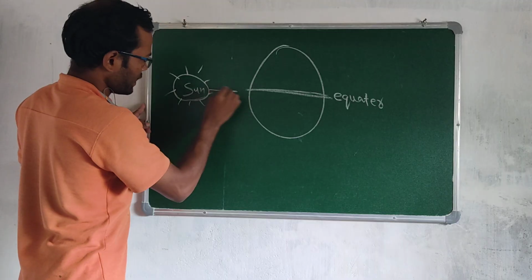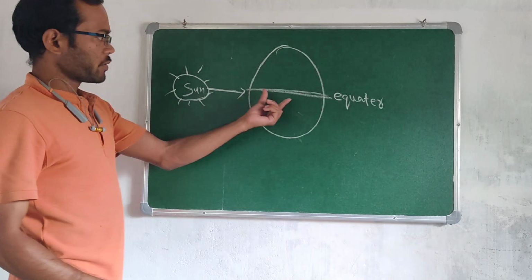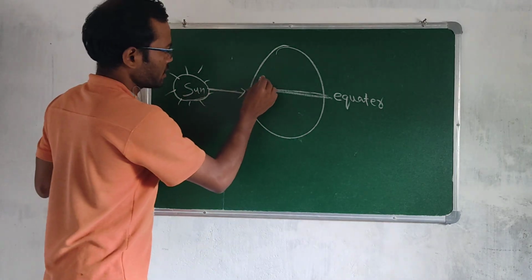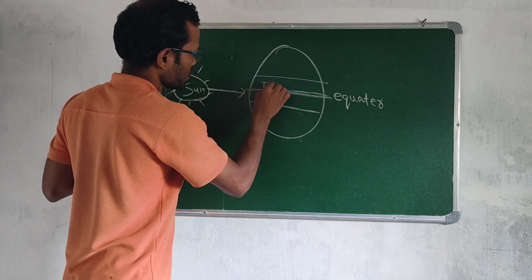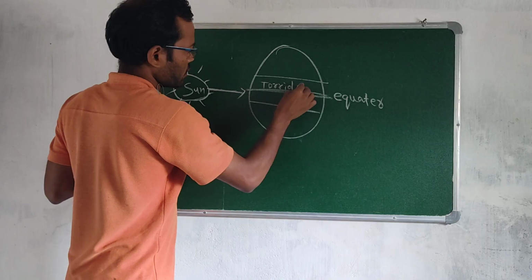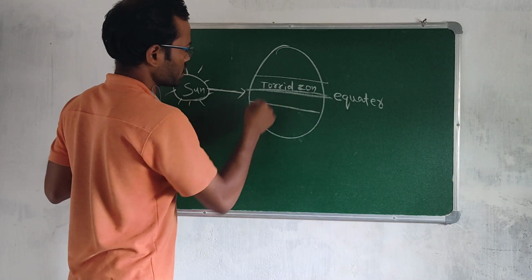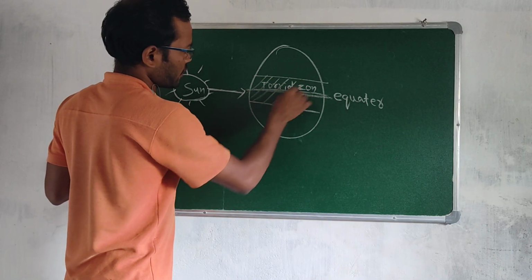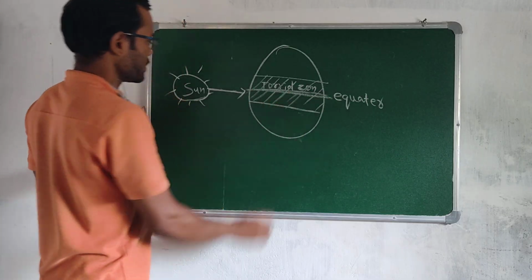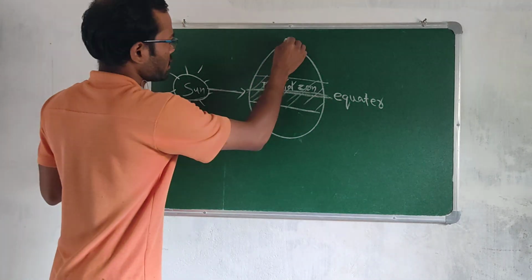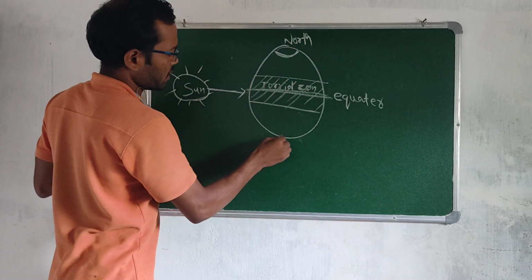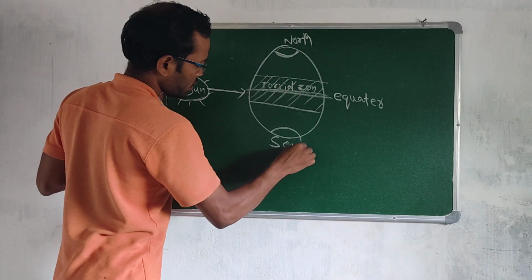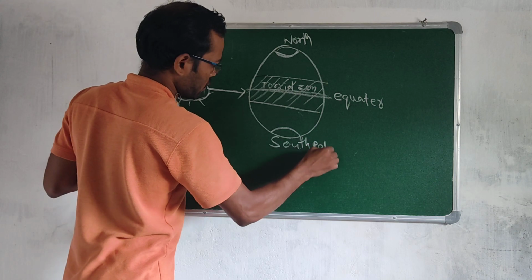The sunlight directly falls on the equatorial region, this region, and this is known as the torrid region. The sun falls directly on this region. And this is the polar region. This is the North Pole, and this is the South Pole.